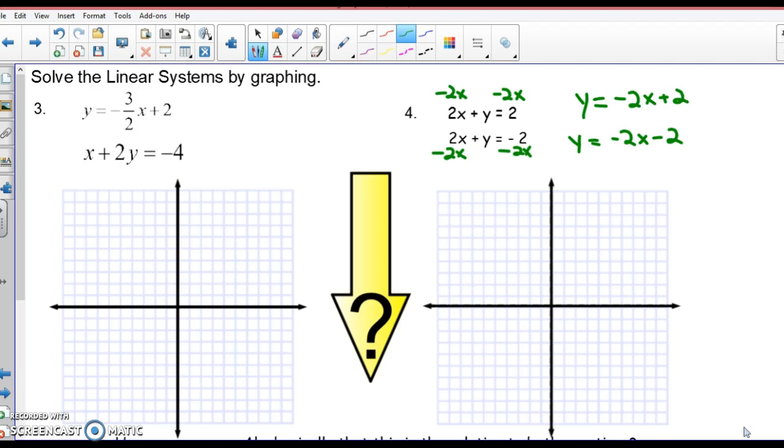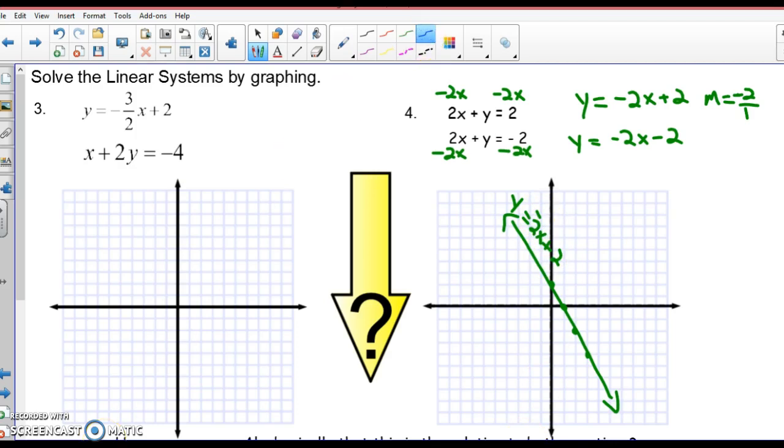So our first line, my y-intercept is 2. My slope is negative 2 over 1. So I'm going to go down 2 over 1, down 2 over 1. And I'm going to draw my line, and I'm going to label that line y equals negative 2x plus 2. I'm going to change colors.